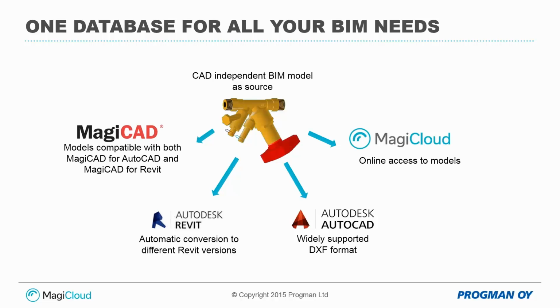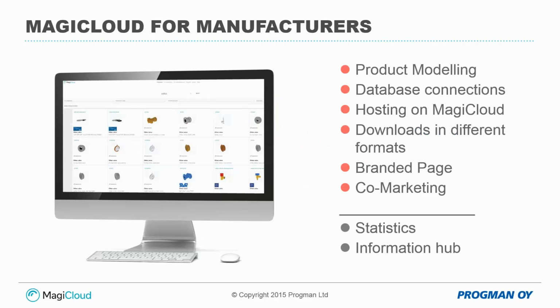Thanks to our developed technology, we in fact create one unique database in a CAD independent format that is used as a source, that is made available to all MagiCAD users, both in AutoCAD and in Revit environments. We use that to automatically create Revit files, but also database connections. This is coming more and more in the future to provide manufacturers full control of their data.